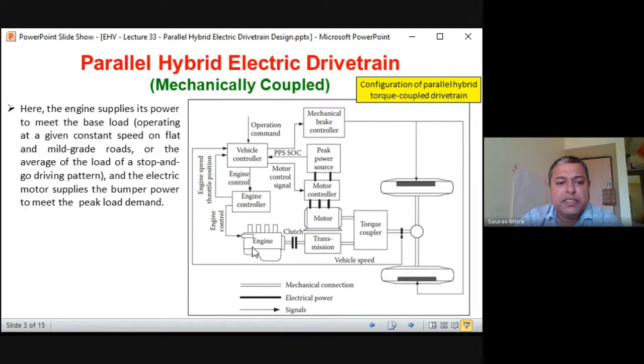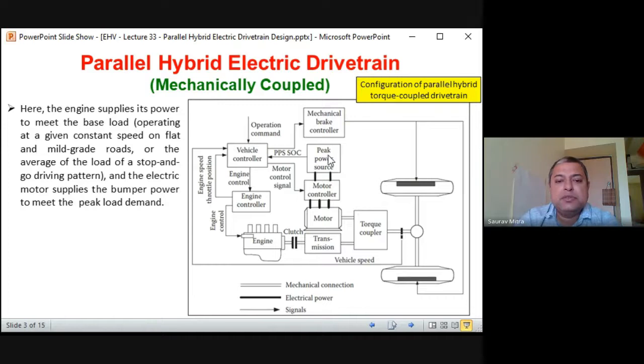Fuel from the fuel tank comes to the engine, and the engine generates a mechanical output. Here the clutch is there. After that is the primary transmission, and power is given to the torque coupler. This is the first or main mechanical power source, and wheels are driven for traction.